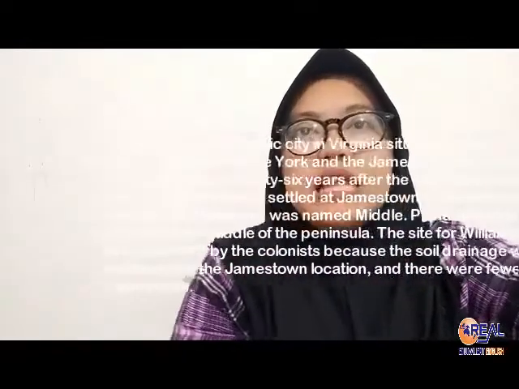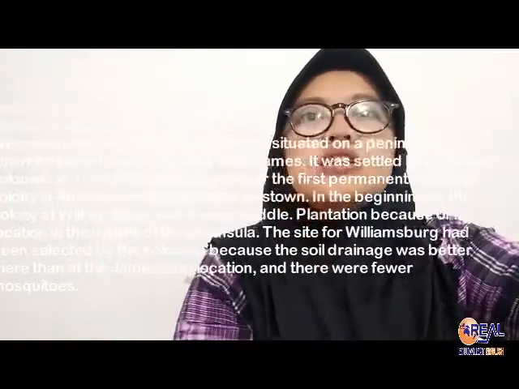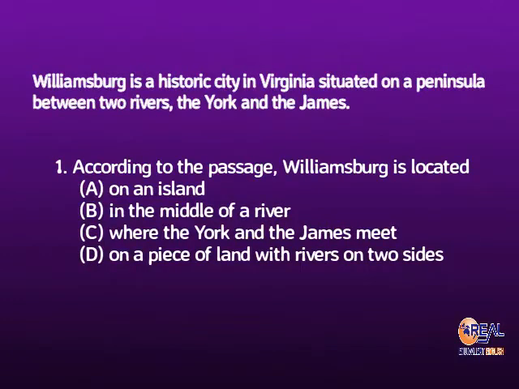Now, an example. Here I have a passage about Williamsburg, a historic city in Virginia. The question is this one: According to the passage, Williamsburg is located. So the keyword is not only Williamsburg, but location.